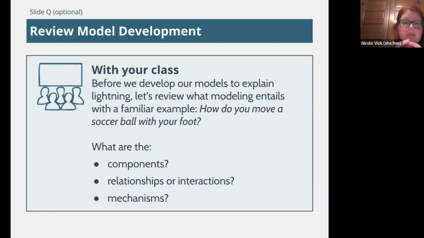How are those pieces interacting together? And then what are the underlying mechanisms that maybe we can't see that cause the movement? As a class, we would work through this example together just to remind ourselves of modeling since we're in our second unit of the year. So Sarah, if you want to go to the next slide.